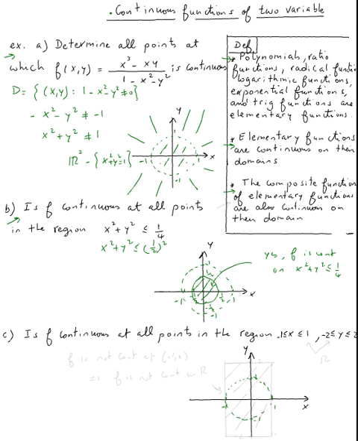Now I want x to be between negative 1 and 1, from here to here, and y to be between negative 2 and 2. So what do we mean with that? Meaning this region.